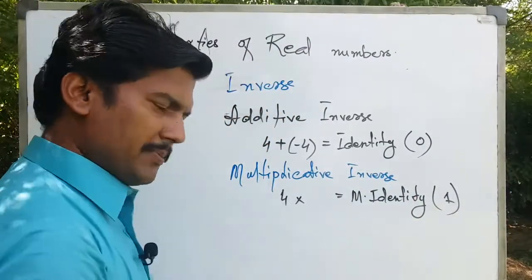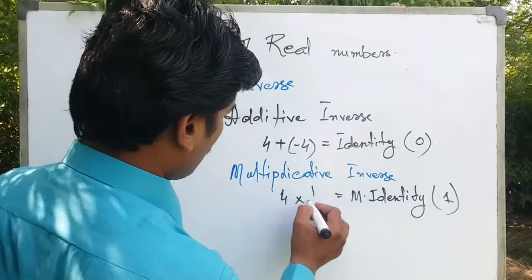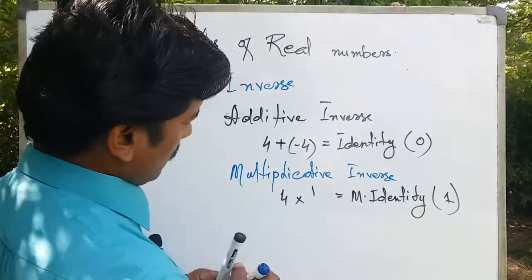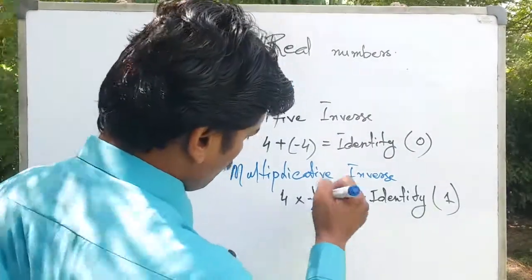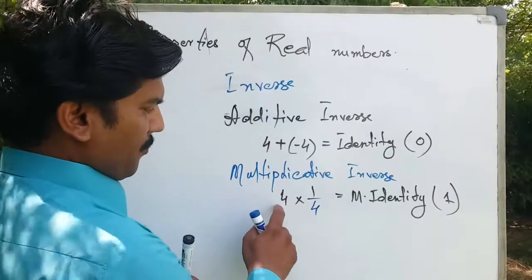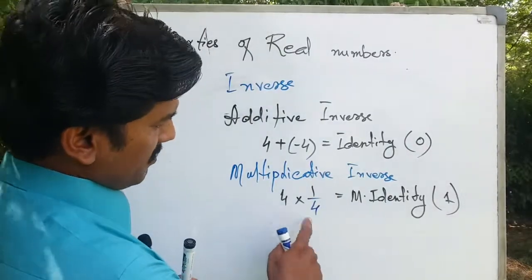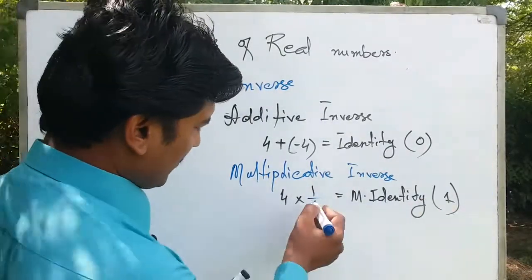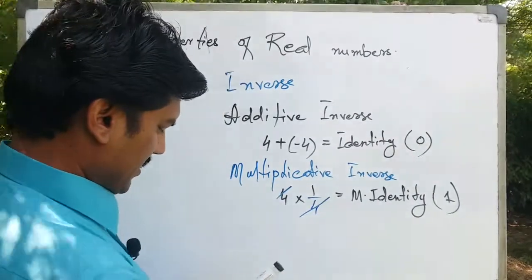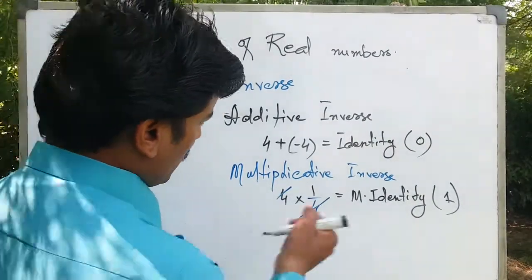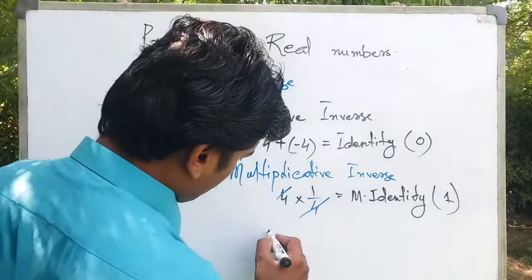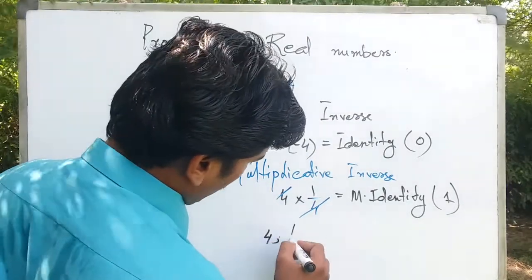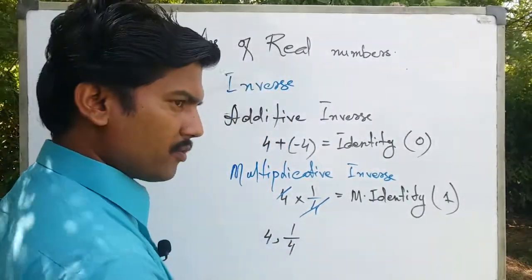So what to multiply with 4? It should be 1 upon 4. If we multiply 4 with 1 by 4, we will get 1 because this 4 will be cancelled. So in other words, we can say 4 and 1 upon 4 are reciprocals of each other.